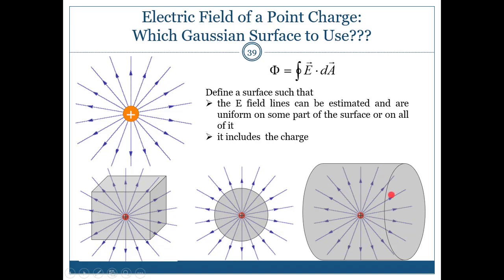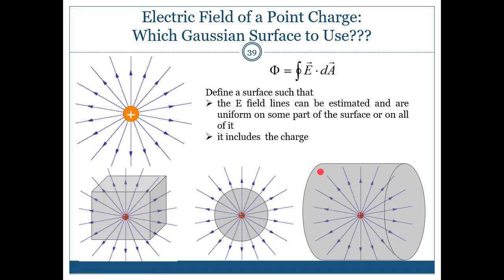Only one of these surfaces is going to give us a very easy flux calculation. Let's say you're in the exam and you didn't know which surface to pick around your charge. Just pick a random one. And you're going to see that while trying to calculate the flux, if you're stuck in this integration, if you cannot write a specific angle between E and dA, then you will know that that's the wrong surface anyway.